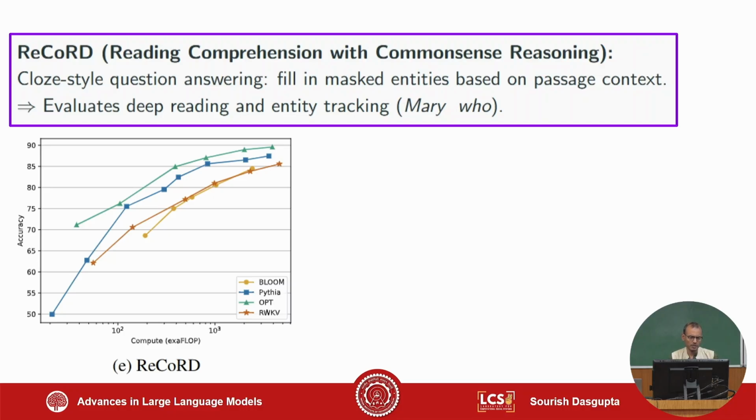And over there also you'll see that Rakov is not as good as the other models, but starts getting pretty close when you increase the compute, right? And we'll discuss this particular aspect, like what happens to Rakov when longer contexts are given to the model, and why it starts failing on longer contexts as compared to shorter contexts, right?